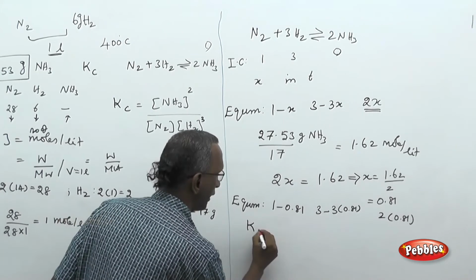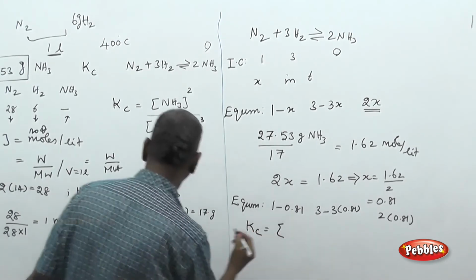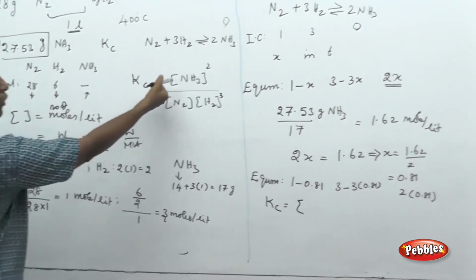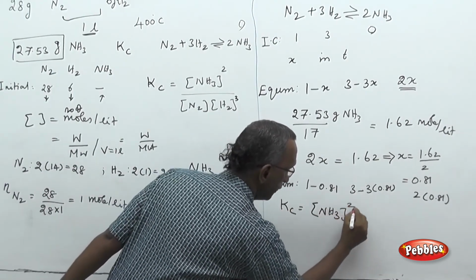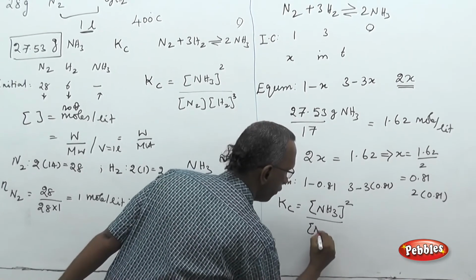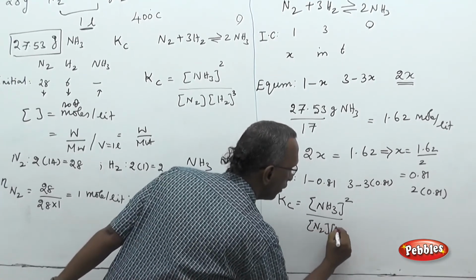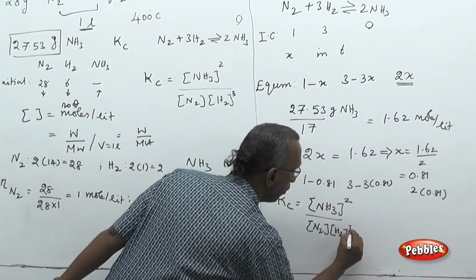Then we know the expression, already written: Kc equals concentration of ammonia squared divided by concentration of nitrogen into concentration of hydrogen whole cube.